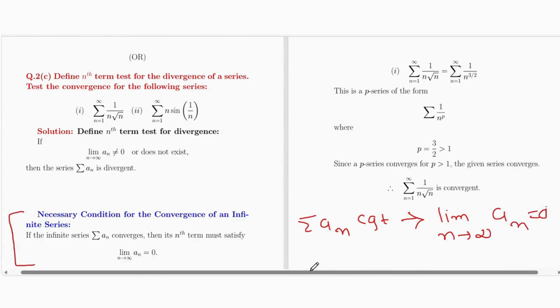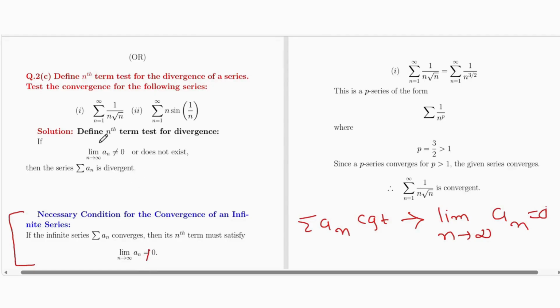मतलब कि अगर सीरीज कन्वर्जेंट है तो लिमिट n टेंड्स टू इंफिनिटी an इक्वल टू 0 होगा ही. सही है. तो अगर लिमिट n टेंड्स टू इंफिनिटी an इज नॉट इक्वल टू 0, व्हाट डज इट मीन? कि ये सीरीज कन्वर्जेंट नहीं है. कन्वर्जेंट नहीं है मतलब कि ये सीरीज डाइवर्जेंट है.